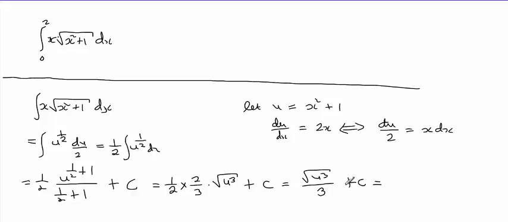Then, since you're doing this as an indefinite integral, we do backward substitution to get back to the variable x. Then I would write this as square root of x squared plus 1, which is our u, to the power 3 divided by 3 plus c.